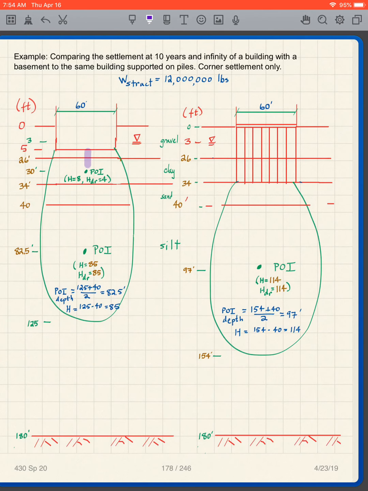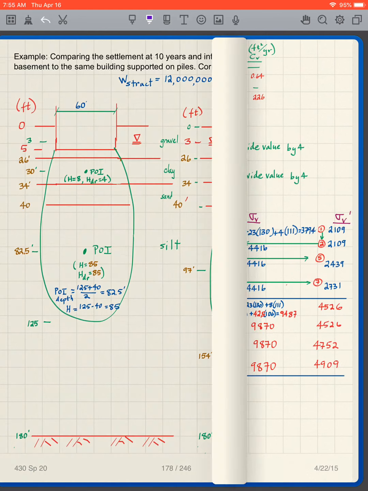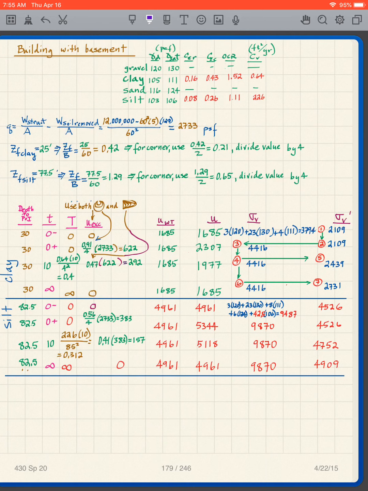There's my point of interest. That distance there is 25 feet. For the point of interest down here, we're going that distance. So that gives us our ZF for the two situations. One of the ZFs is 25 feet, the other is 77.5 feet.